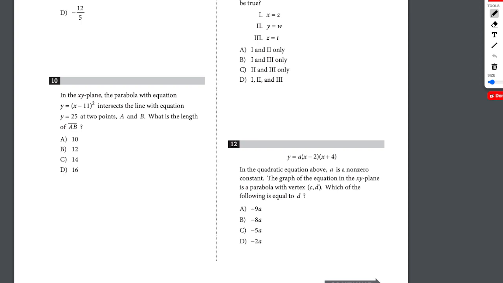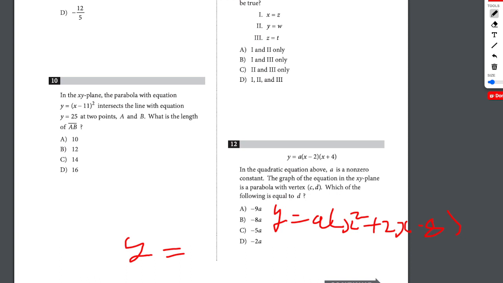I'm actually going to factor this out a little bit, into the form y equals a times (x squared, we have negative 2x plus 4x, which is plus 2x, and then we have 4 times negative 2, which is negative 8). Right? That's our equation. And here, I'll write it over here now. So now we're going to multiply by a.